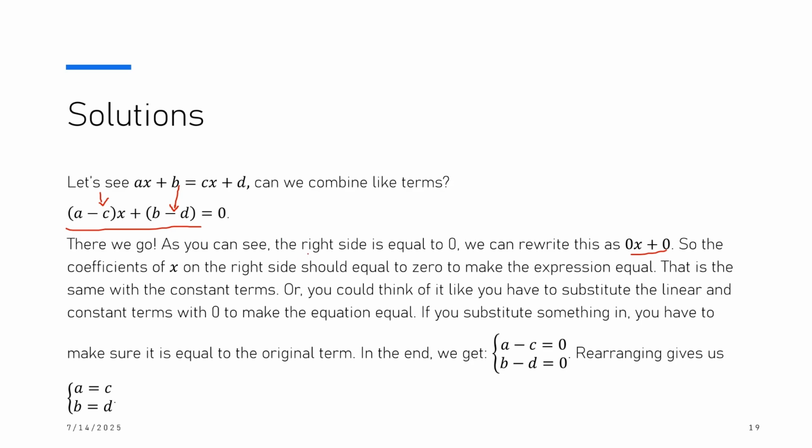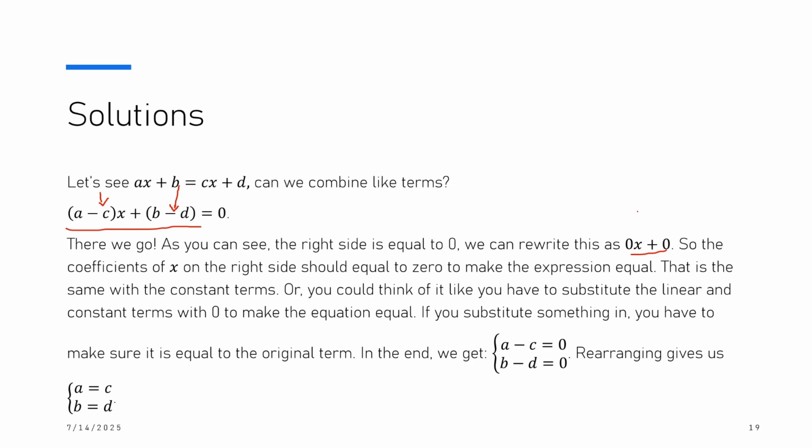Yeah, that should be applied to the constant terms as well, as we know the constant term over here is also 0. Or you could think of it as substituting the linear and constant terms with 0 to make the expression equal. And after you make the expression equal, a minus c has to equal 0, and b minus d has to equal 0 as well, or else the expression wouldn't be equal.